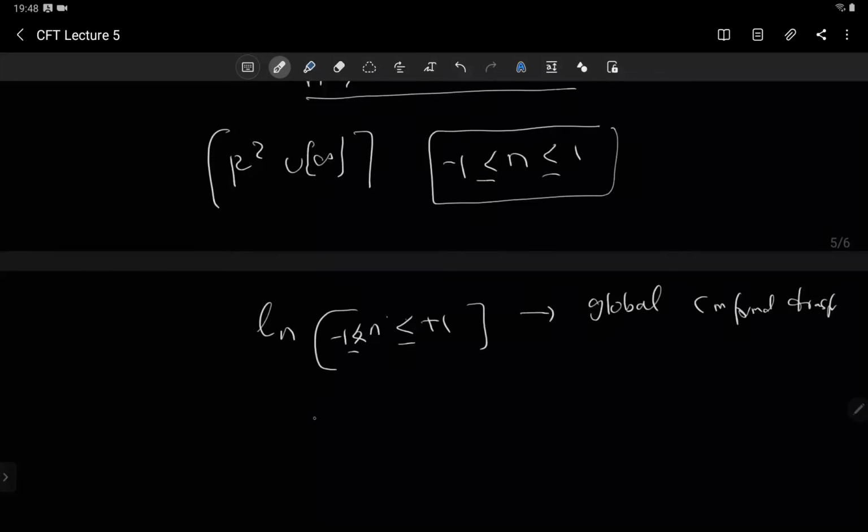And then the others, all the L_n which do not belong to this set, these are called local conformal transformations. Local meaning they are defined locally, but they're not defined everywhere.